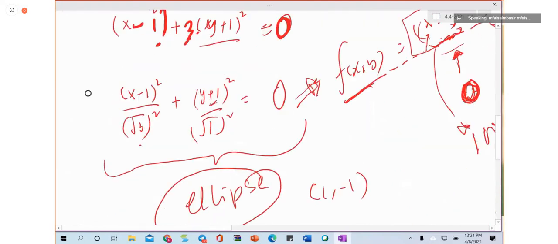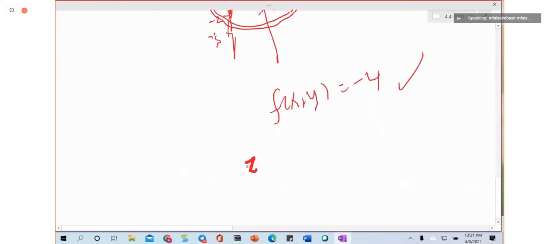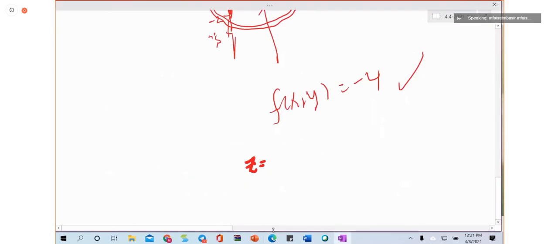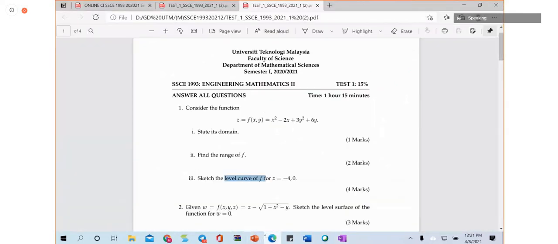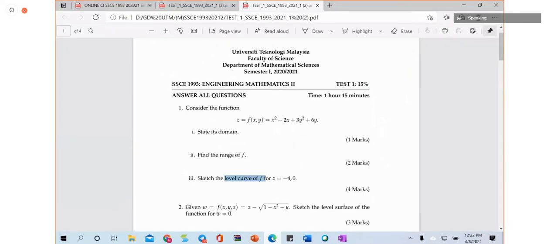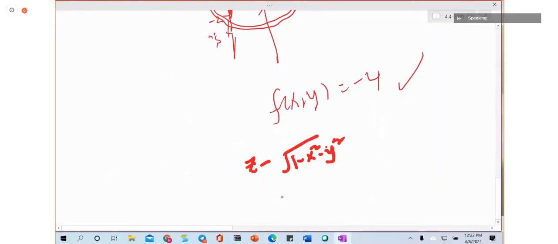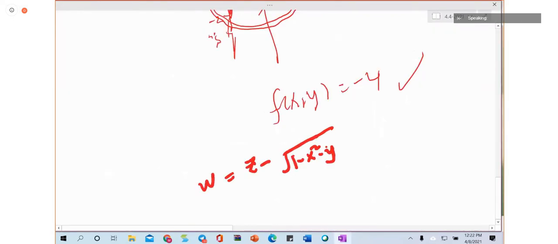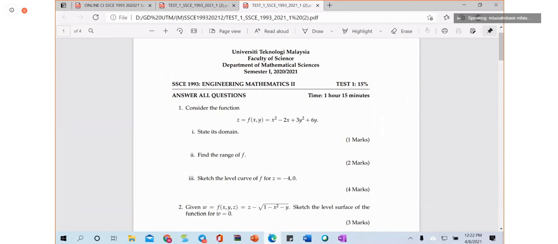Z equals to... Sketch the level surface for w equals to 0.